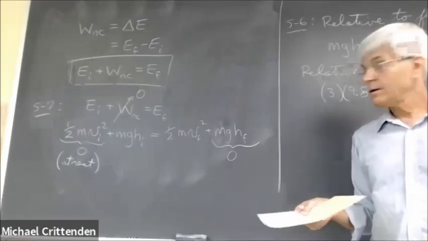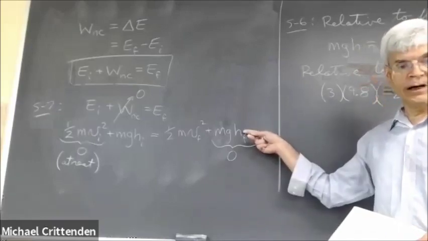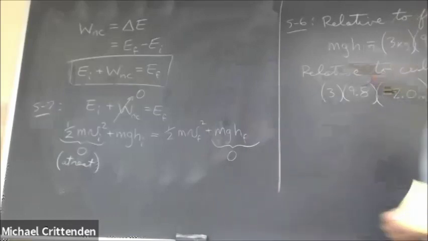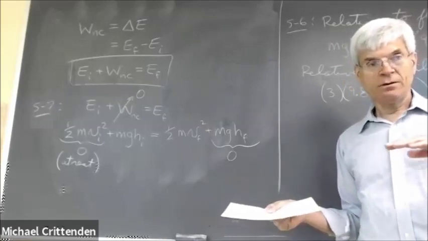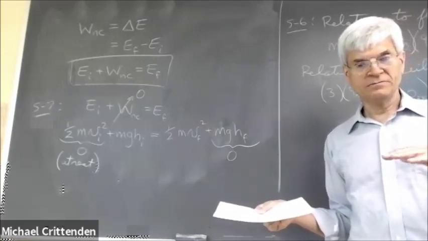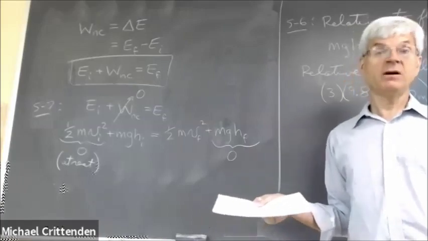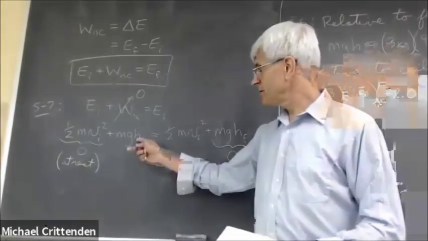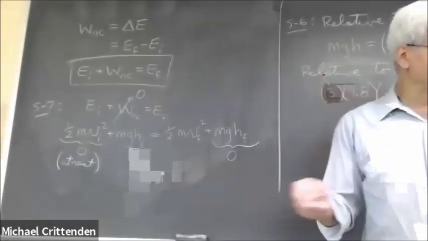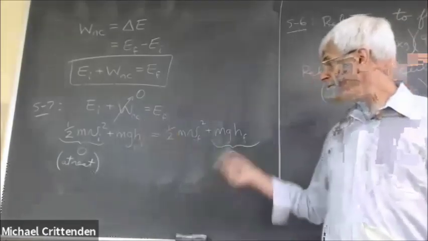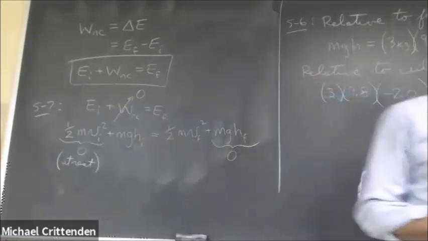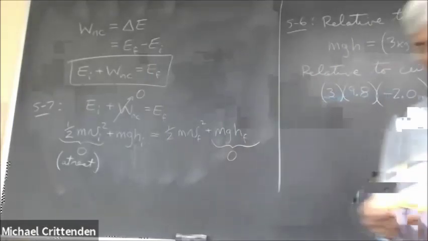Now, as I said earlier, you can measure the height from any level you want to. And if you enjoy making things more difficult for yourself, you could measure the height from somewhere 0.5 meter above the floor, which would make h initial 2 meters and h final negative 0.5. It starts out 2.5 meters above the floor.